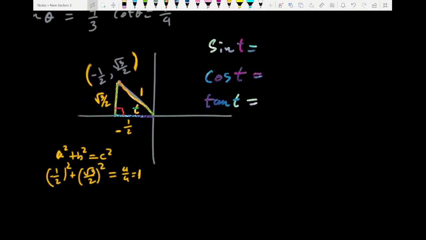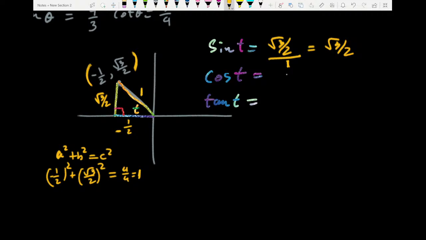So we can go back and finish this problem. So sine of T would be square root of 3 over 2 over 1, which is just square root of 3 over 2. Guys, those of you who are watching this, just in case you missed it, you could watch this video later on your own time.